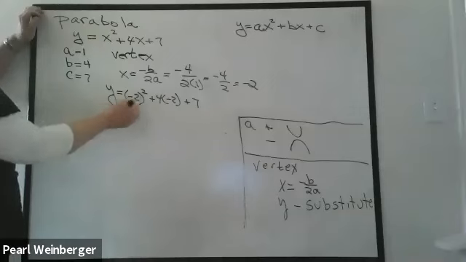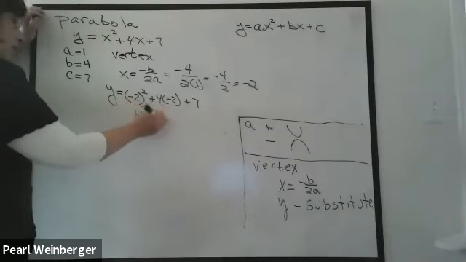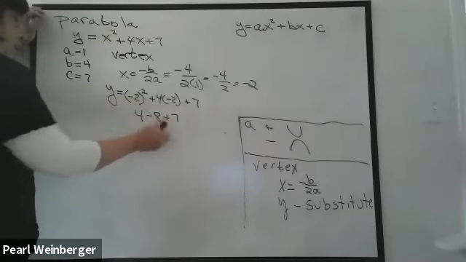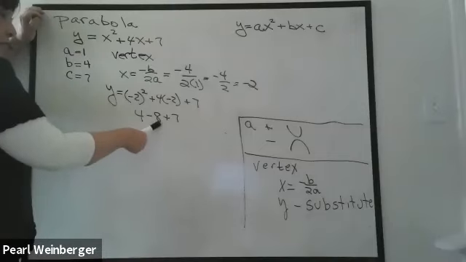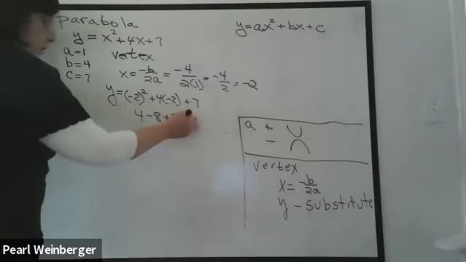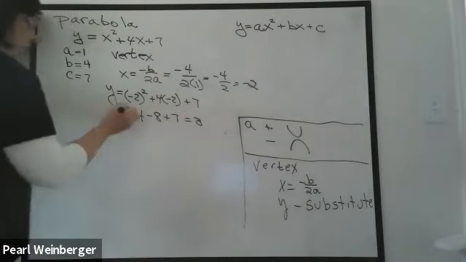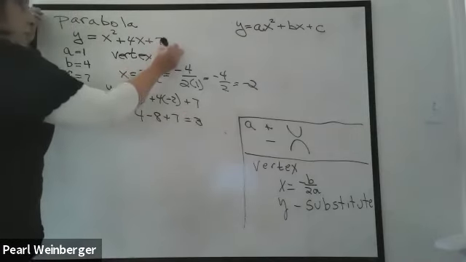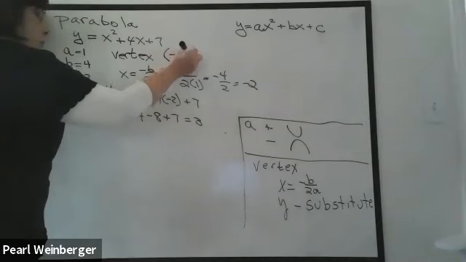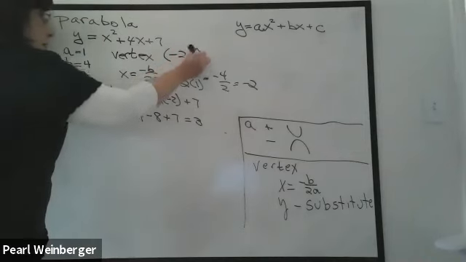So negative 2 squared is 4, minus 8 plus 7 is negative 4 plus 7, which is 3. So the vertex turns out to be the point negative 2, comma 3.